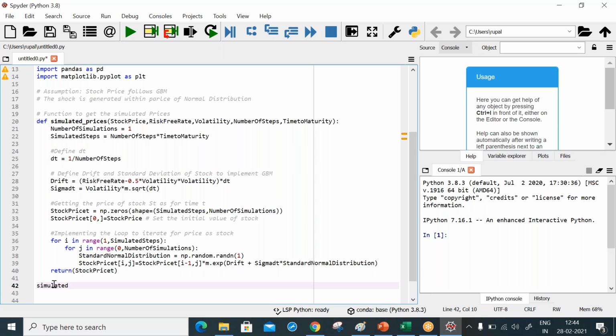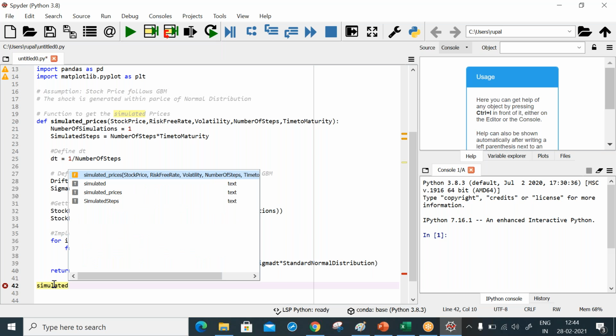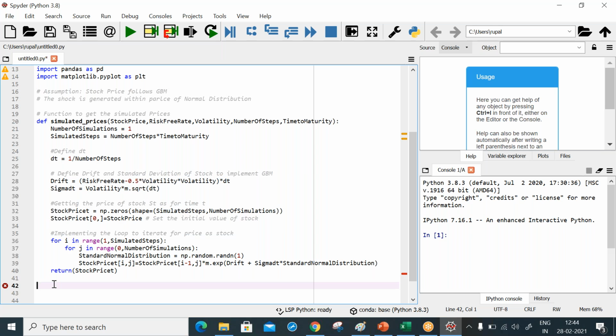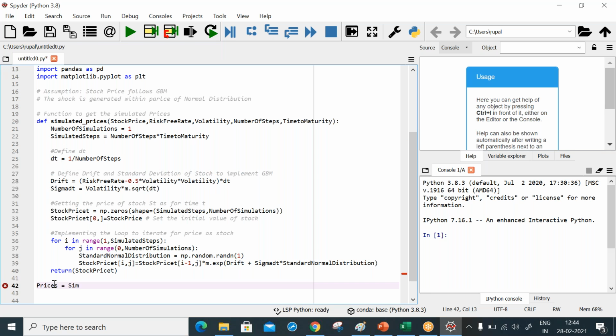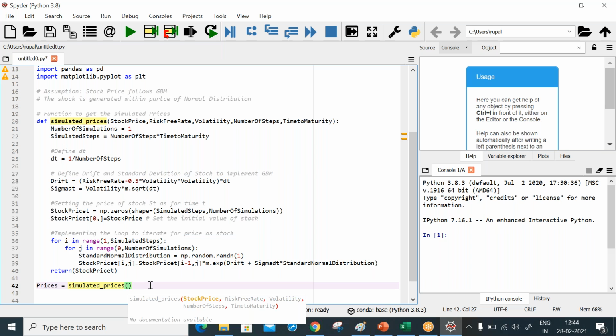Now what I will do is write prices equals, and I will call that function of simulated prices. What was our first function value? Stock price. So we'll put it as 100 as we did yesterday.